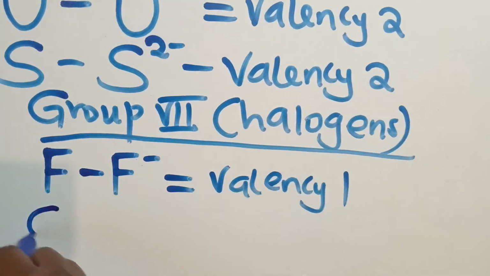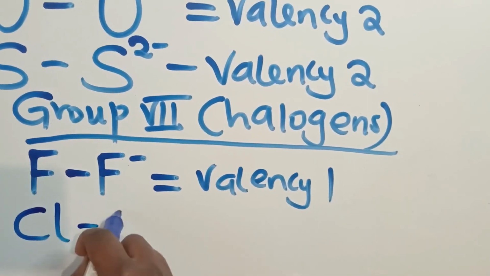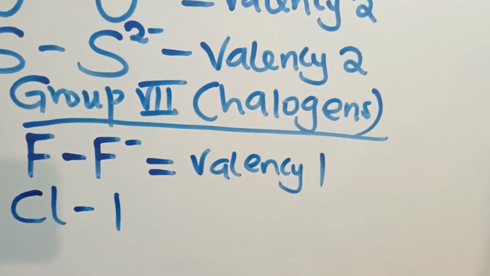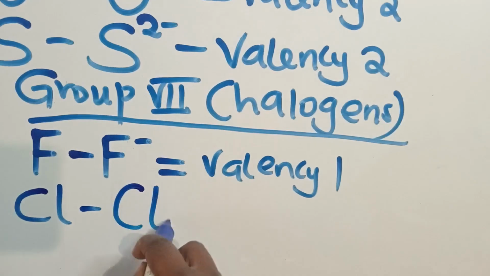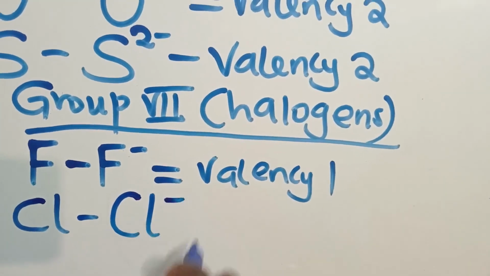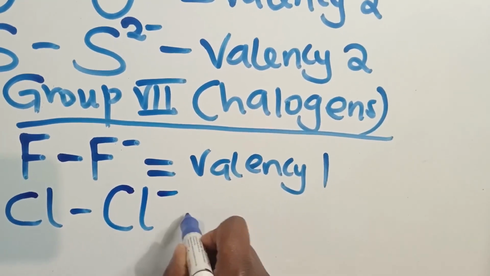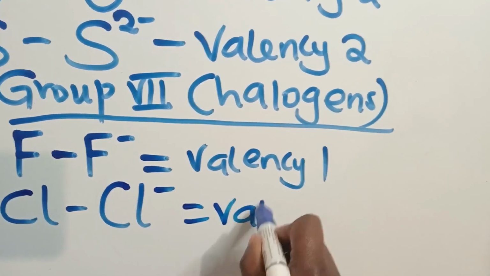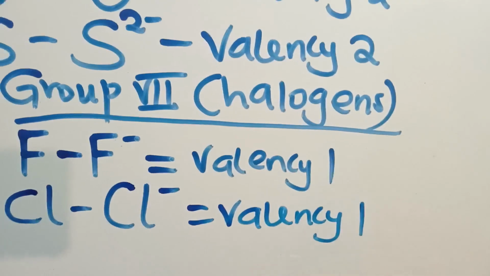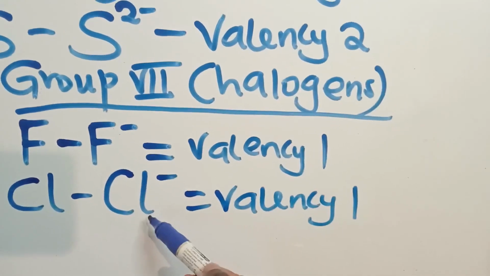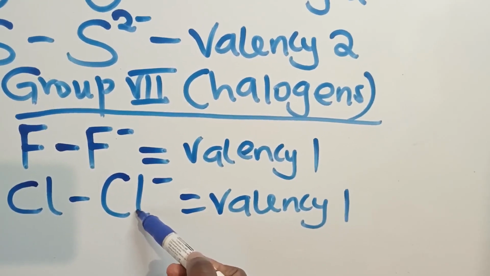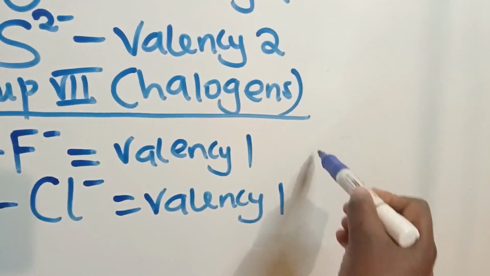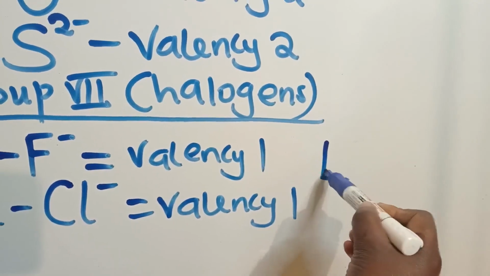Then from there we have chlorine atom forming the chloride ion, with just a negative, and so the valency again is 1. When you're writing small l, it should not have a corner down here, like we should not have small l with a corner.